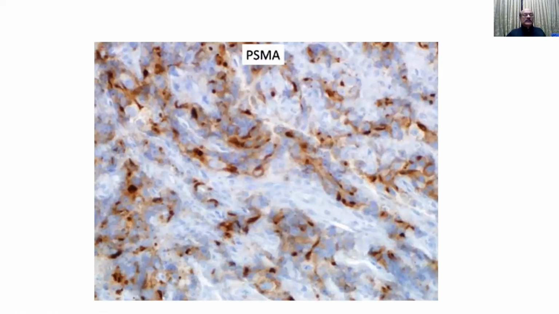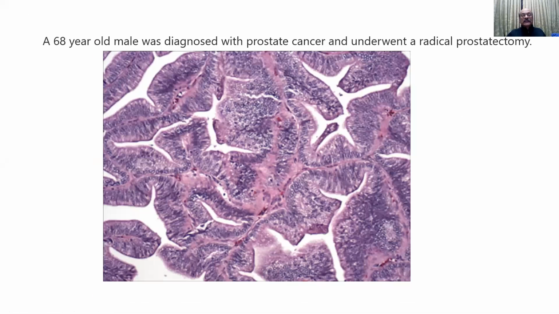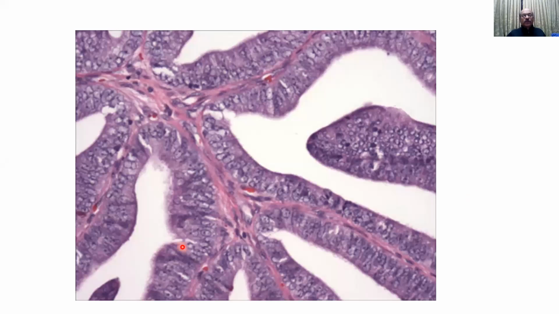This one is a 68-year-old male diagnosed with prostate cancer, who underwent a radical prostatectomy. So this is the tumor. And this is the tumor. It creates papillary structures, and the papillae are lined by pseudostratified columnar epithelium.